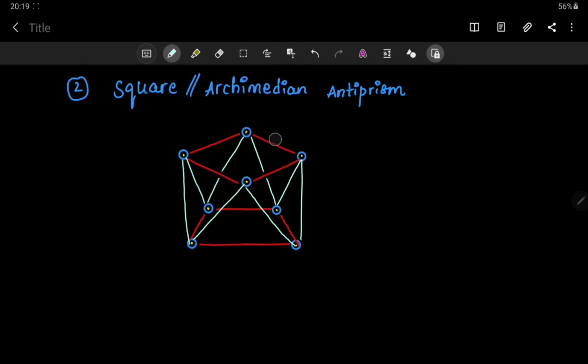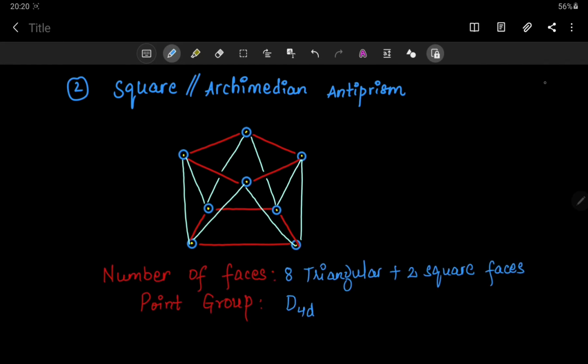There are 2 square faces, one above and one below. Let me write the faces and the point group: 8 triangular faces and 2 square faces. And since the 2 square faces are staggered to one another, this generates the D4d point group.